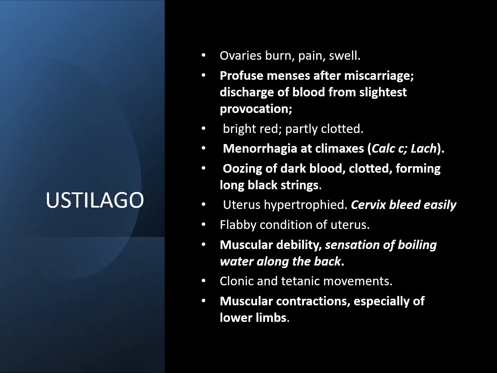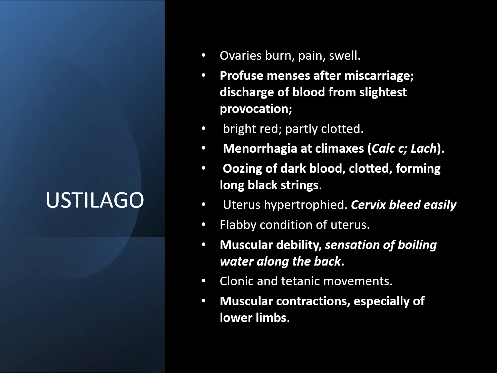Ustilago is used where there is profuse menses after miscarriage and discharge of blood from the slightest provocation, or the patient has menorrhagia at the climacteric, meaning the premenopausal syndrome, where we can use Ustilago. Bright red or dark stringy blood, enlarged hypertrophied uterus, easily bleeding cervix.